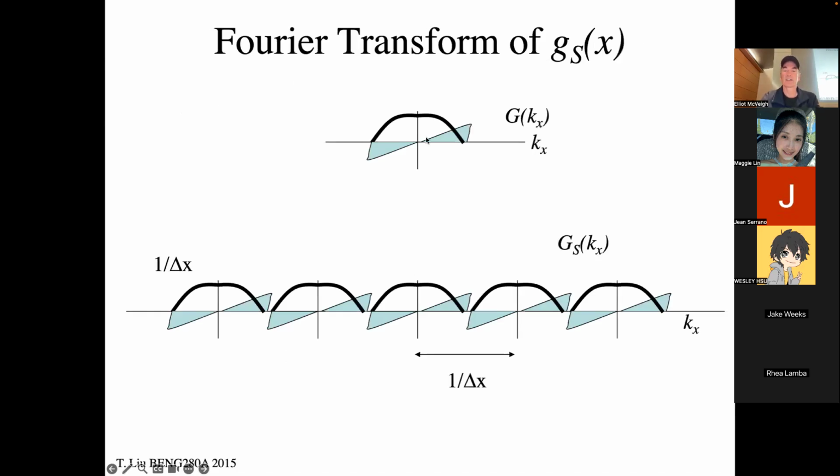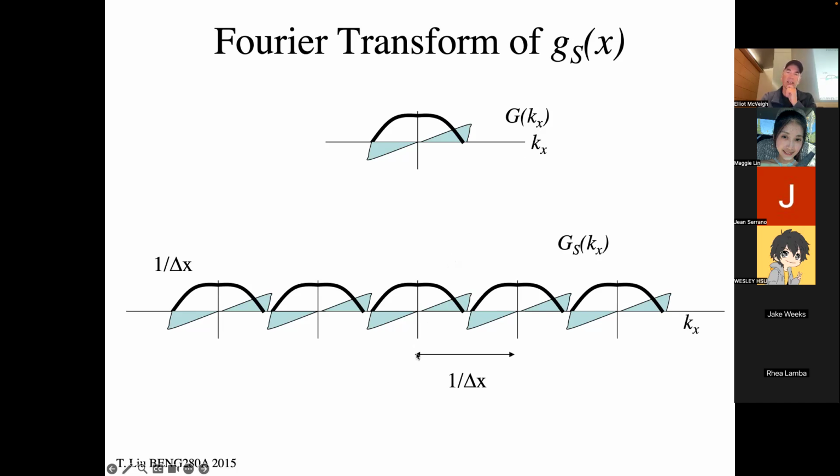And so graphically, you can look at it this way: here's my Fourier transform of this guy, which is the sampled version, not the continuous version of gx. It's gx multiplied by those delta functions. And this is its Fourier transform here, capital G at wave number kx, right?